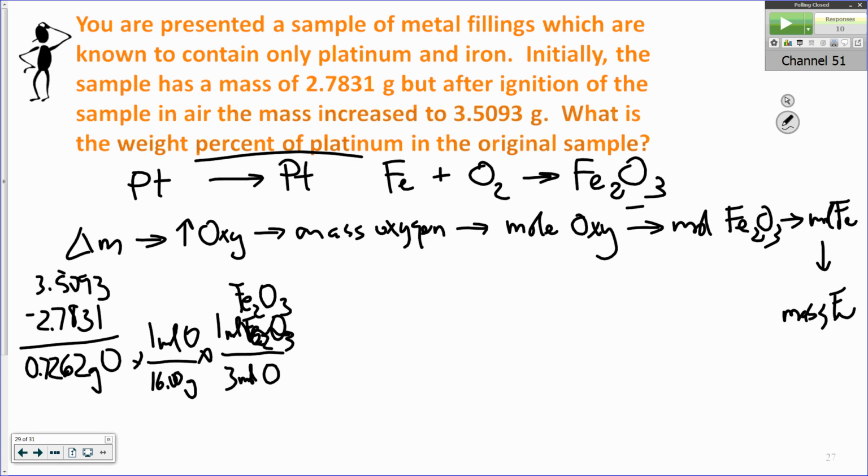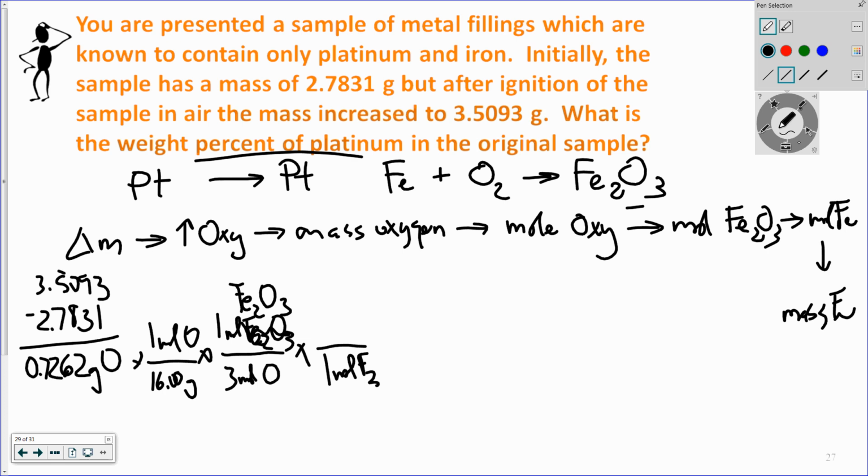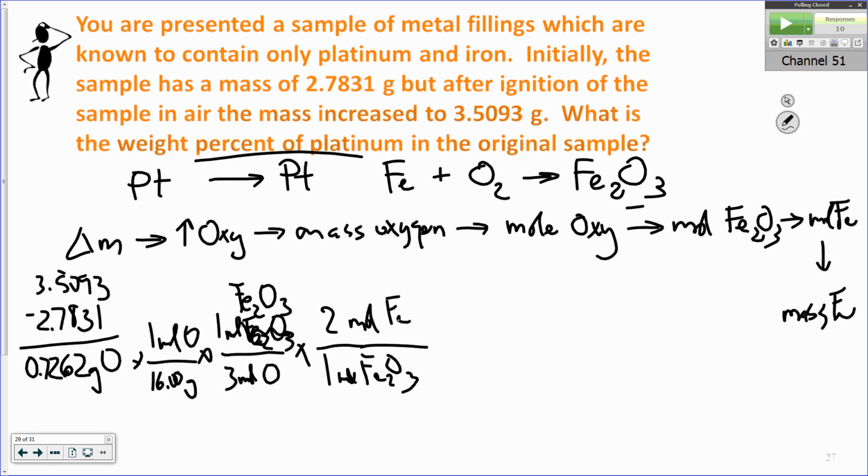Now I can relate that back to moles of iron. For 1 mole of Fe2O3, there are 2 moles of iron.